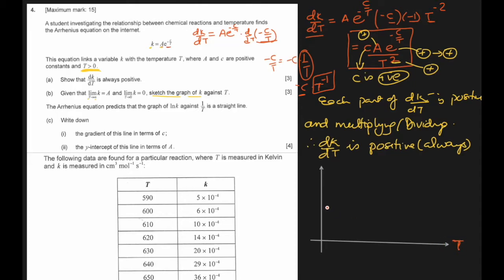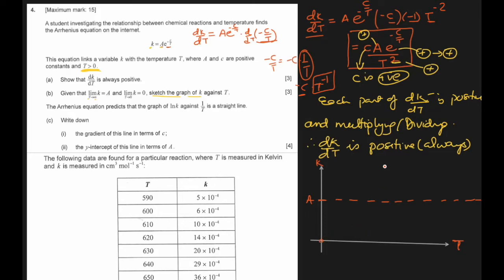When it goes to infinity, suppose this is a level, the graph will be coming closer and closer to this line. That's what it means. When t is approaching infinity, k is equal to a. So it will come closer and closer to this level a, meeting this point when it goes to infinity. All right. And when t approaches 0, k is 0. Okay, so this is the k axis, this is the t axis, and it is almost 0 here.